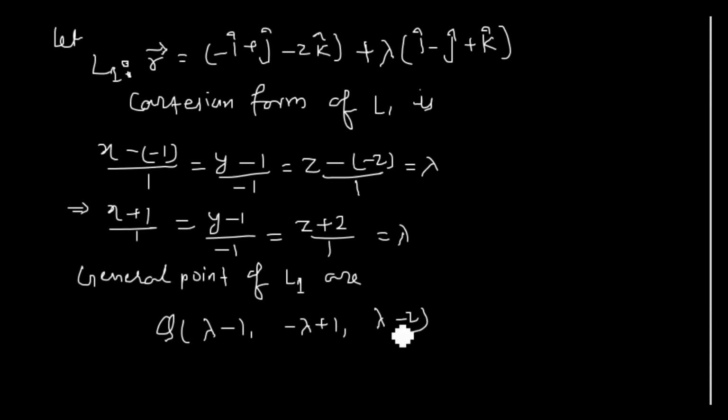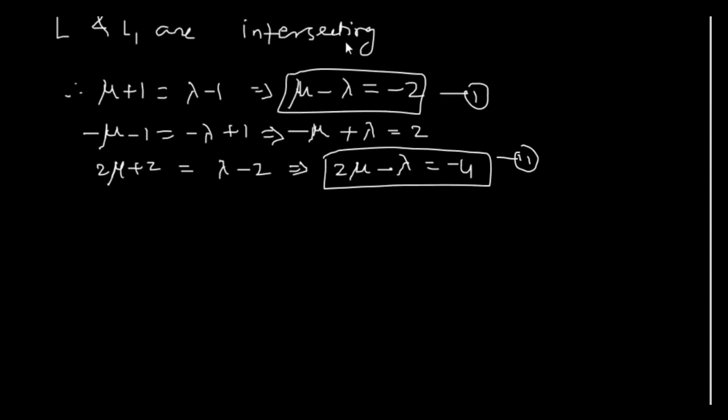Since lines L and L1 are intersecting, it is given that when the two lines intersect, their x coordinate, y coordinate and z coordinate must be the same.